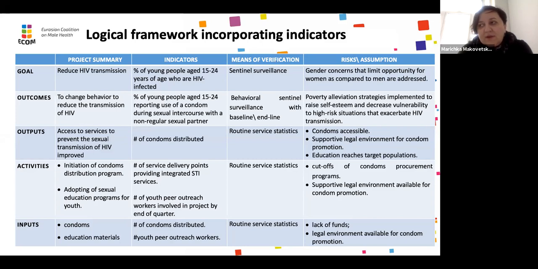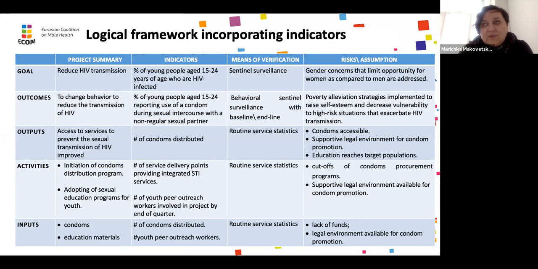Some risks that I might think about: gender concerns that limit opportunity for women, let's say, as compared to men, are addressed. So women sometimes are more vulnerable than men, and we should also take that into account.